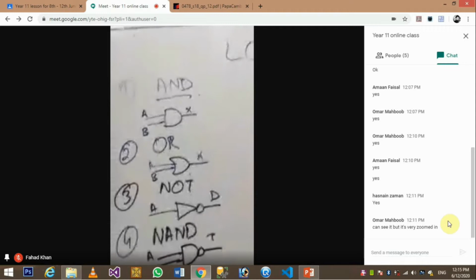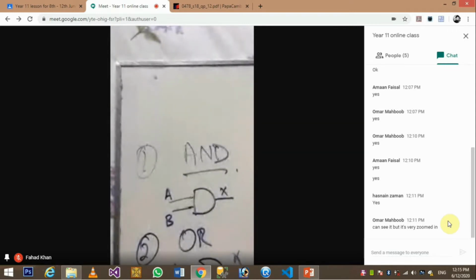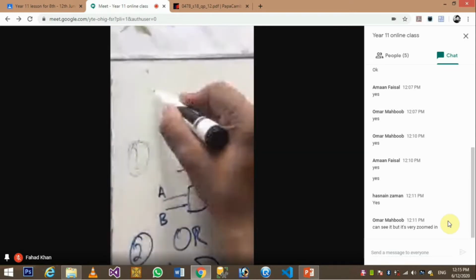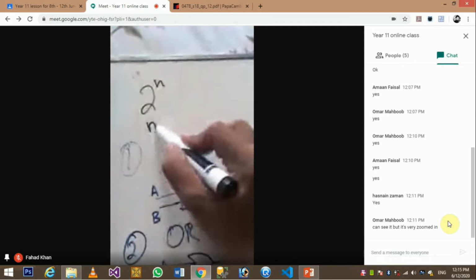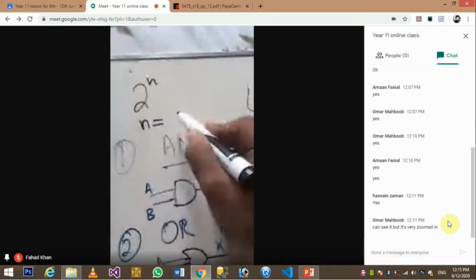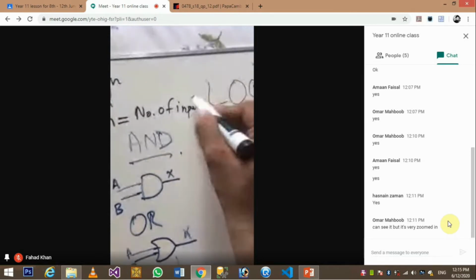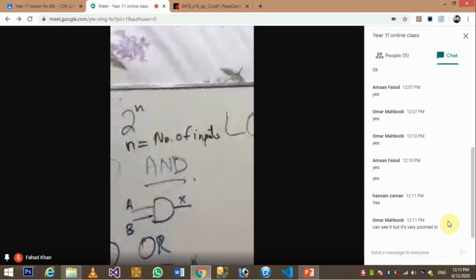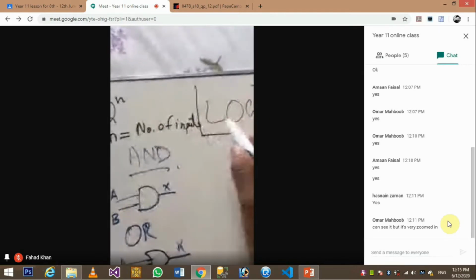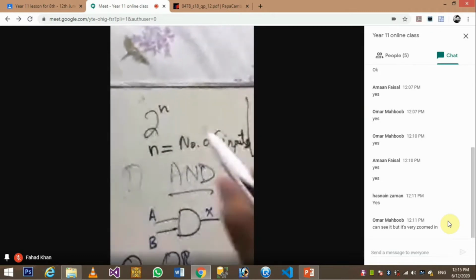In order to write the truth table, we have a formula, that is 2 to the power n. Here n is equal to the number of inputs.